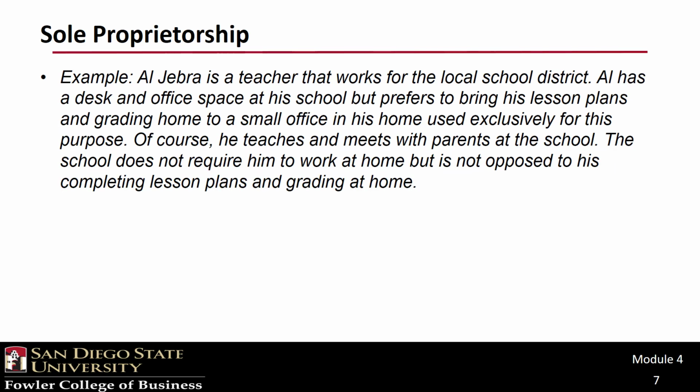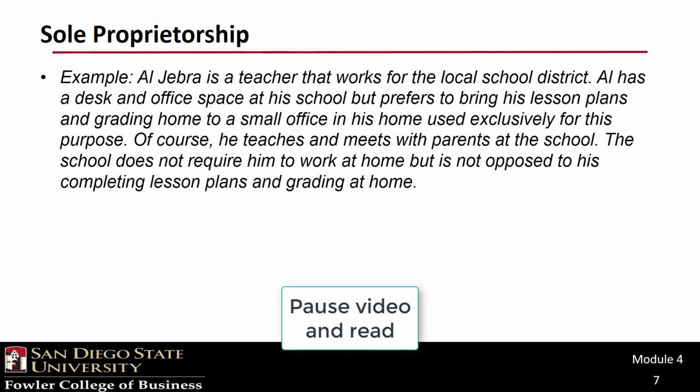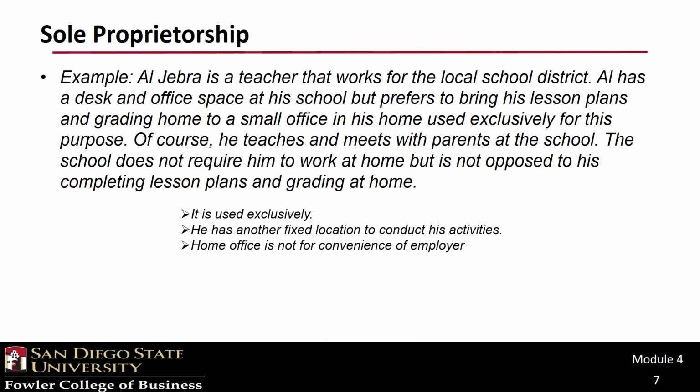All right, let's read about Al. Al's office is also used exclusively. He has another fixed location, and using his home as an office is not for the convenience of his employer.